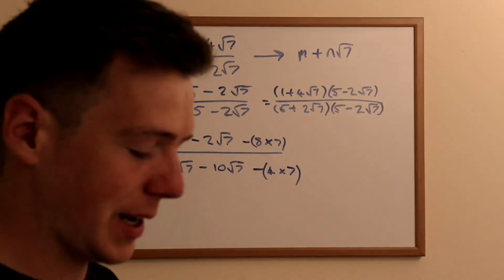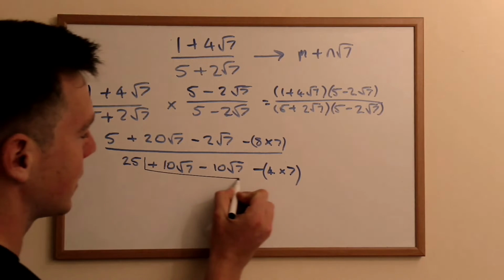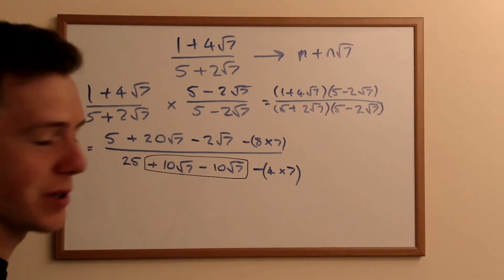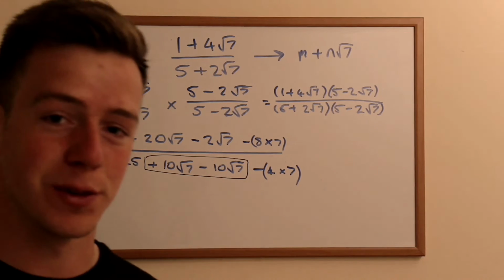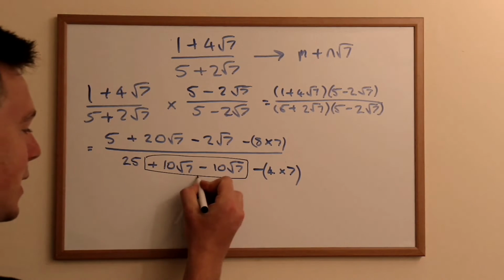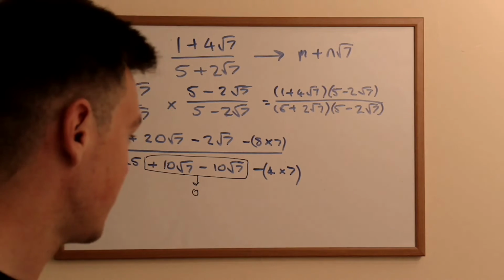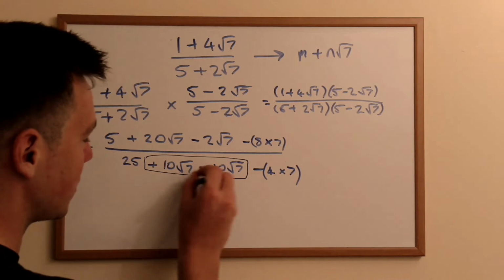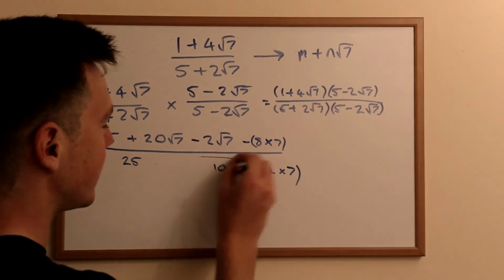Well, it all becomes clear now, because as you can see, this chunk here cancels itself out. Plus 10 root 7 minus 10 lots of root 7, what's that going to equal? It equals 0. So all of that disappears.